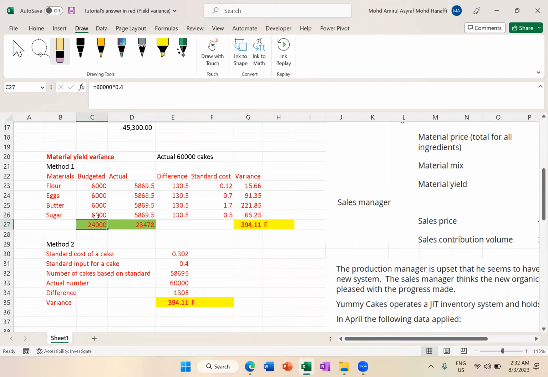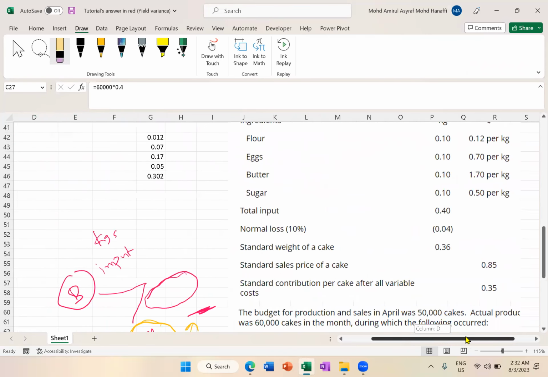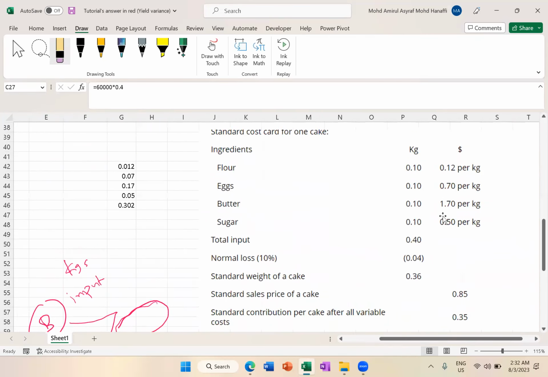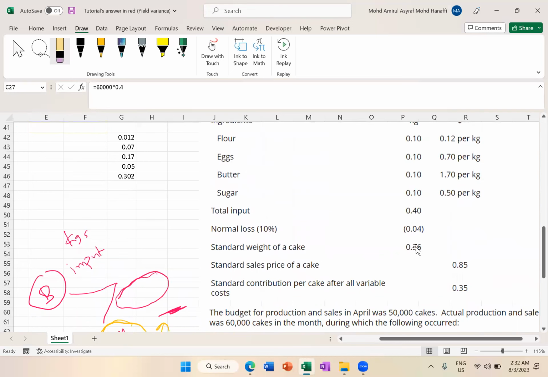How much input do you need? If you look at the standard, the total input for 1 cake is 0.4, not 0.36. In other words, if you use only 0.36, then you cannot have one complete cake, because whenever you use an input of a certain amount, let's say in this case 0.36, there will be a normal loss of 10%.